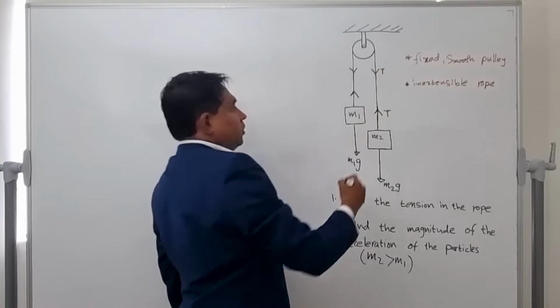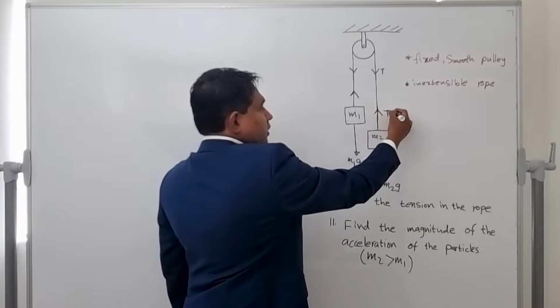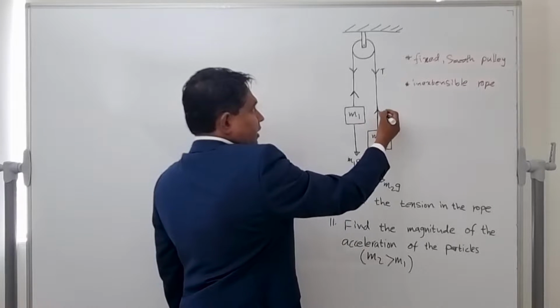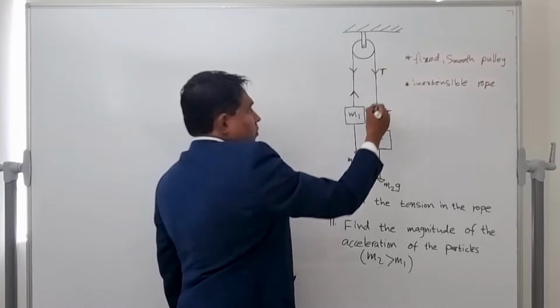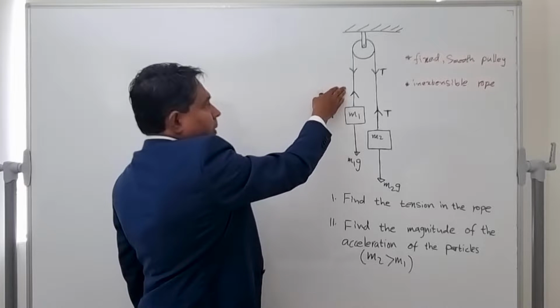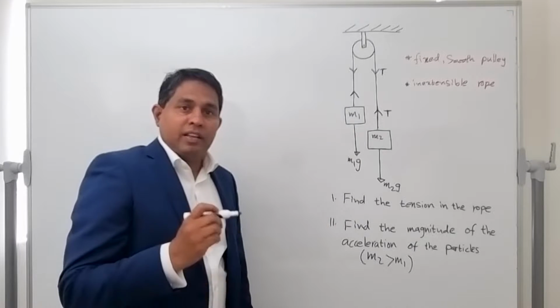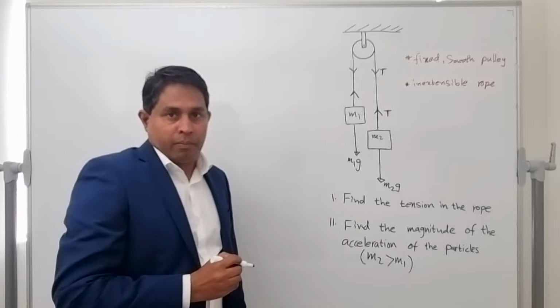Now what we need to know, if I take the tension on this side as T, what about the tension of this part of the string? It should essentially be the same.